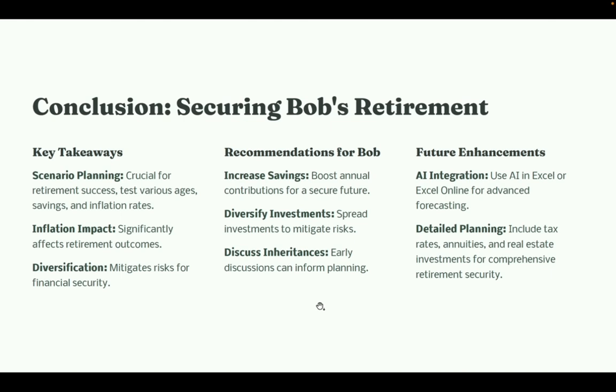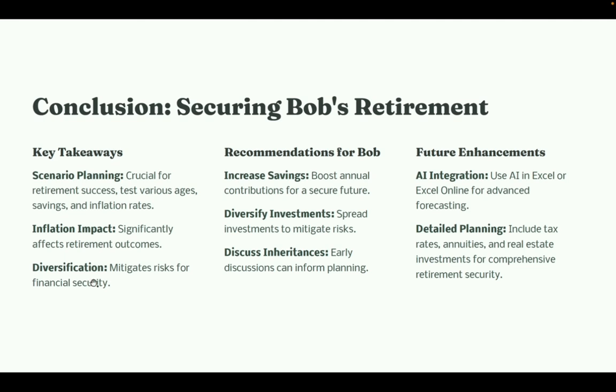In conclusion, the key takeaways from this project are: it's always good to consider various testing scenarios. For instance, testing various retirement ages, savings rates, and inflation rates is crucial for retirement success. Also, it's important to consider the inflation impact because inflation significantly affects retirement outcomes, so it's essential to account for it in the model.